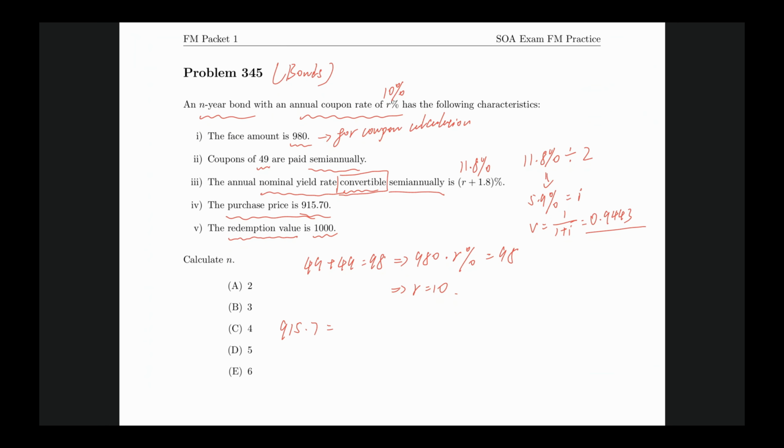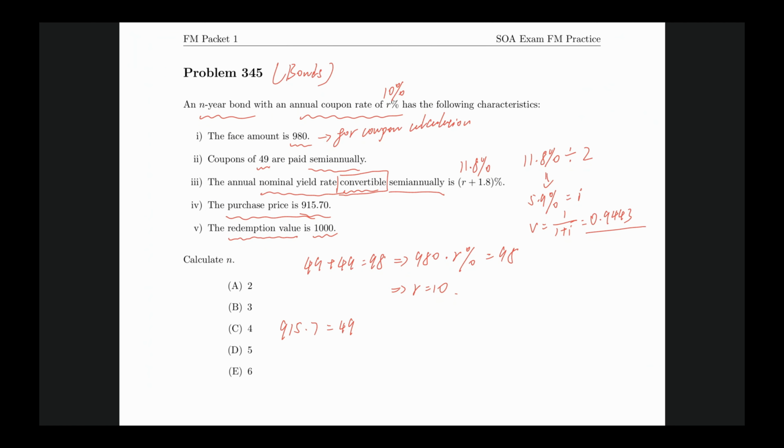Every half year, they are going to give the buyer $49 per coupon, and all these cash flows form an annuity.